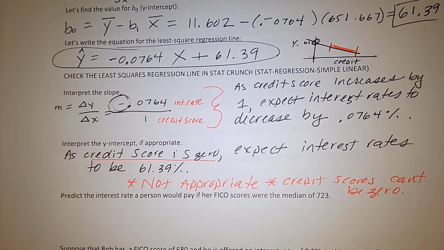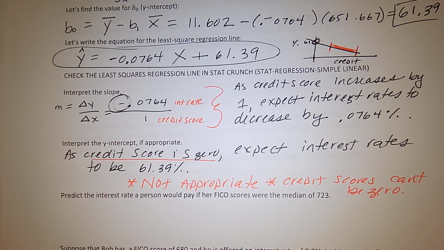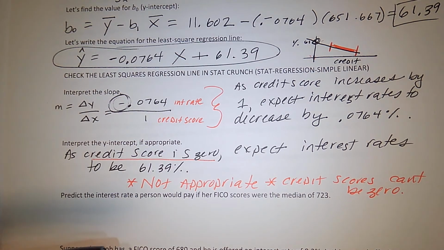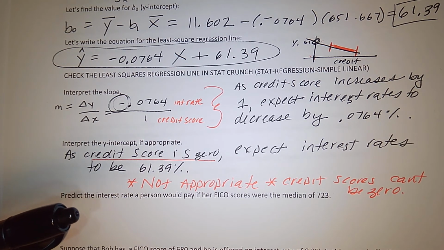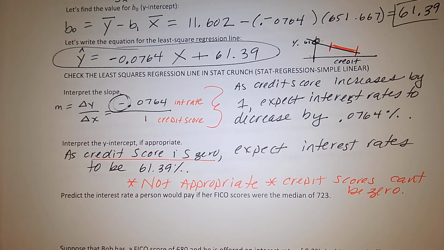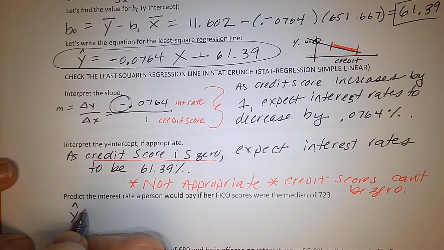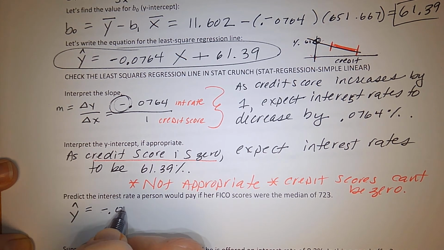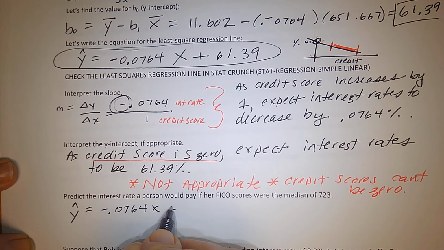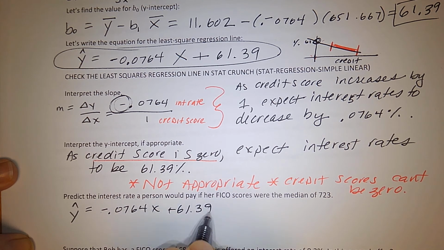So let's do 2 more questions from the same example. The first one says, predict the interest rate that a person would pay if their FICO score, in other words, credit score, was 723. Well, if we go back to our least squares regression line, let me write it down one more time. I'll just pull it down from up above.